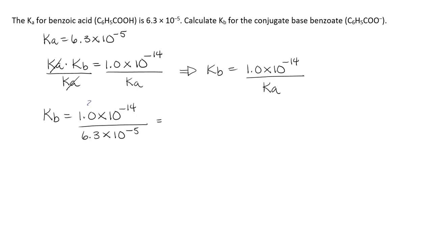Both of our values have 2 sig figs, so our Kb will also have 2 sig figs. So doing the math, 1.0 times 10 to the negative 14 divided by 6.3 times 10 to the negative 5, rounded to 2 sig figs gives us 1.6 times 10 to the negative 10.